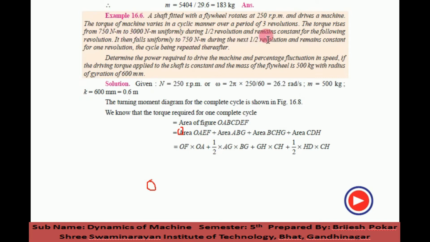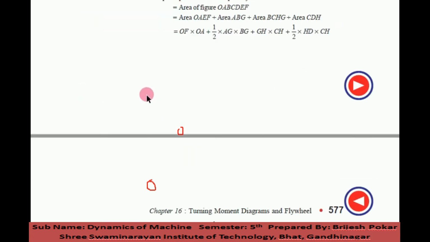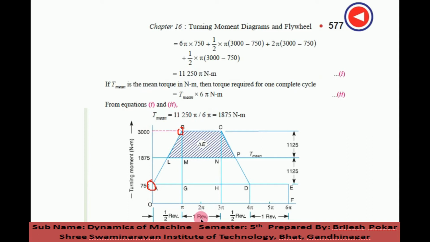Next it remains constant for the following revolution, and it falls uniformly to 750 Newton meter during the last 1/2 revolution and remains constant for 1 revolution. It means for 1 revolution it is uniform, then again for half a revolution it decreases to 750, and then it is uniform for the last 1 revolution.